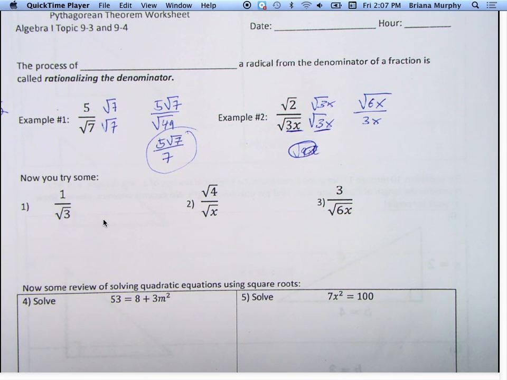Cameron, try 1, 2, 3. Remember, I'm checking this on Monday that it's completely done, so you might as well do the problems along with us.